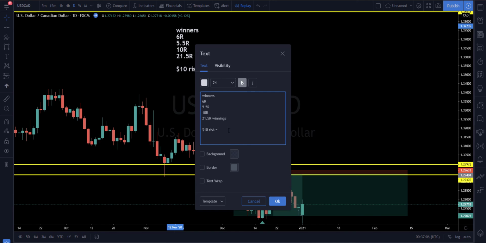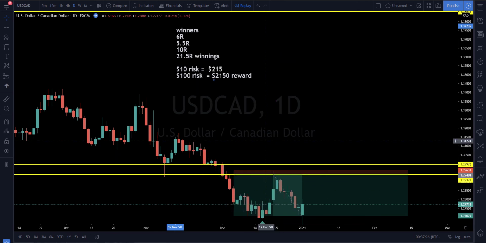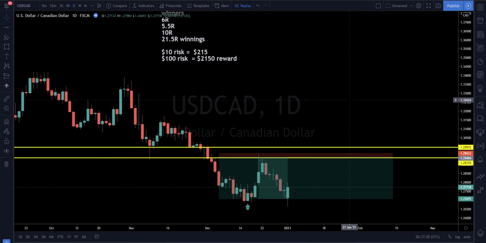So if you were to risk $10, you would have $215. If you were to risk $100, you would have $2,150 reward. There you go. That's pretty good, I would say.